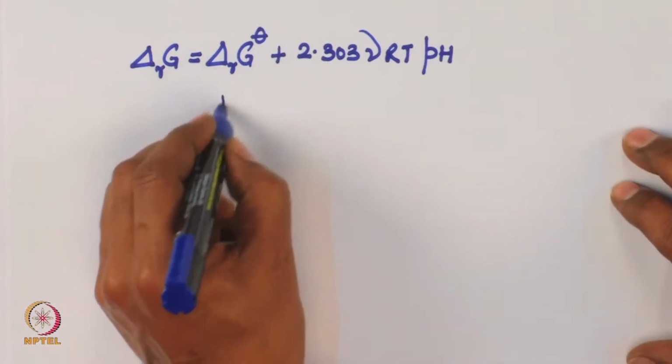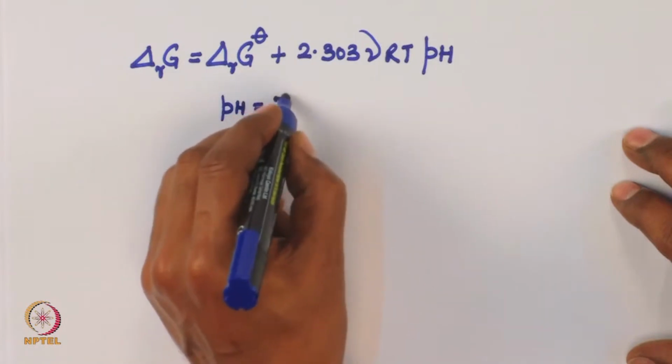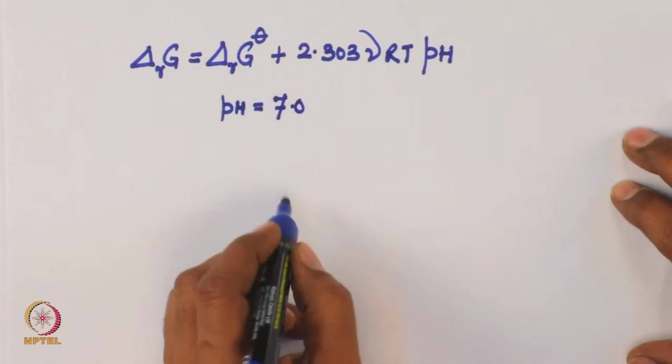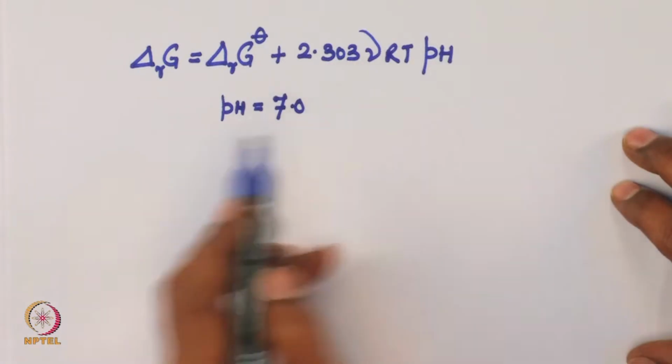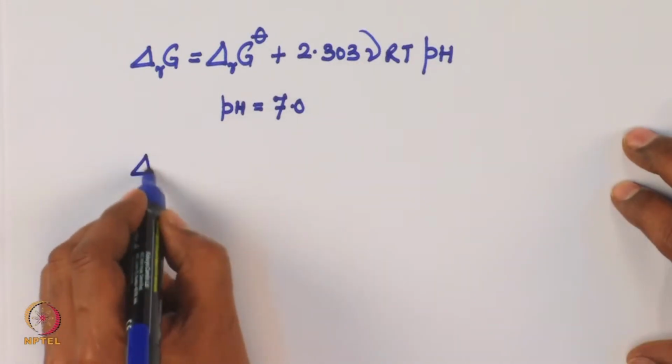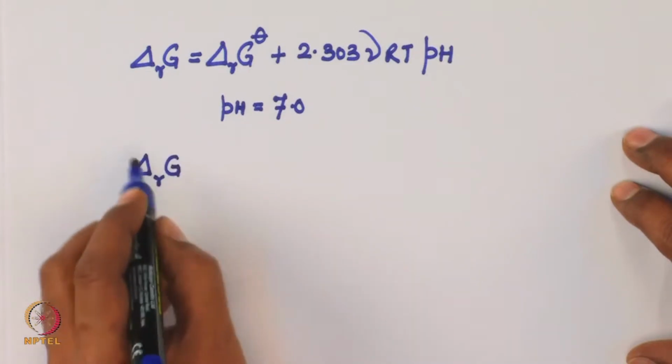And when pH is equal to 7, that means when we are talking about biological standard state, then 7 multiplied by 2.303 will give us a relation.